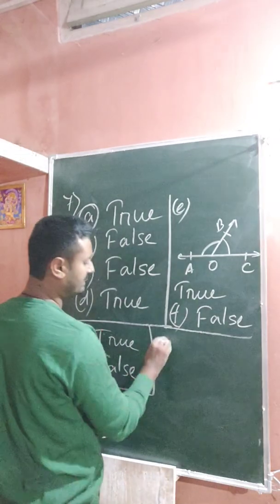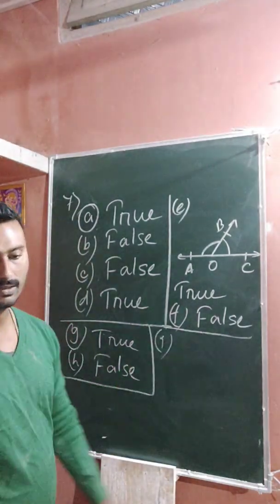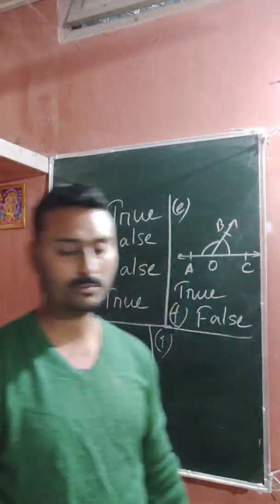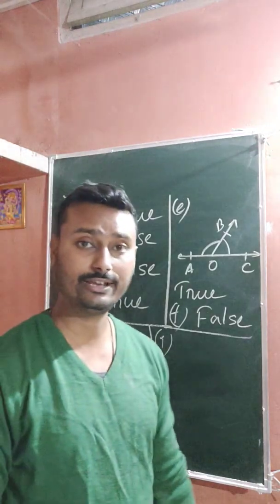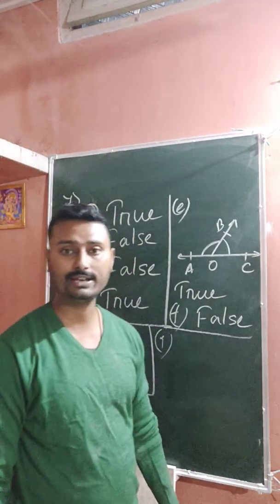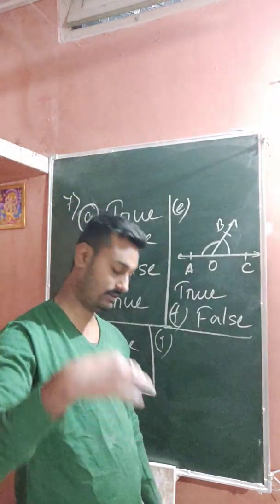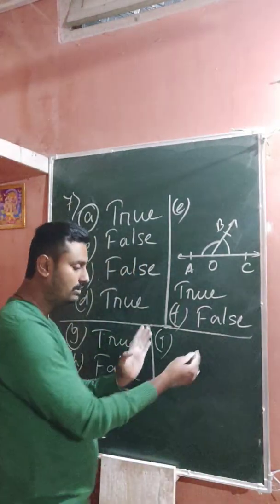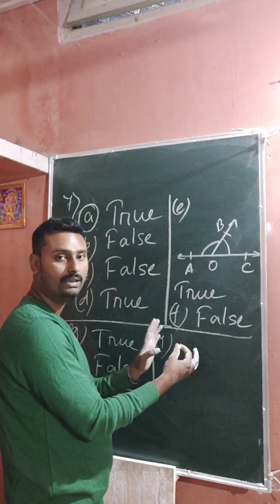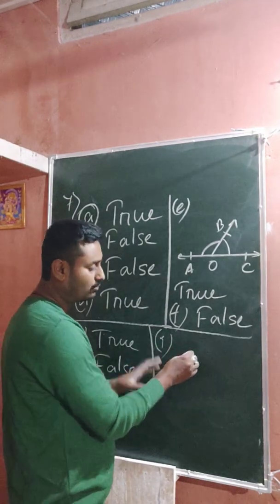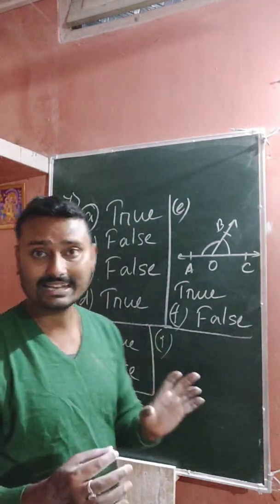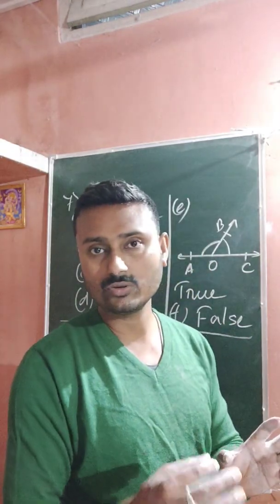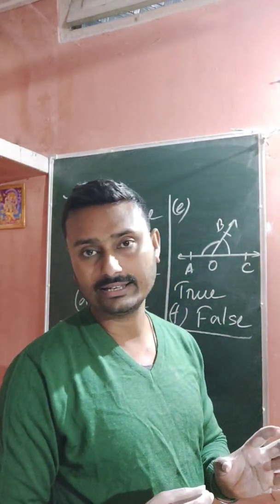Next is question I: two acute angles form a reflex angle. An acute angle is less than 90 degrees, and a reflex angle is measured above 180 degrees. If you add two quantities which are each less than 90 degrees, the sum must be less than 180 degrees.